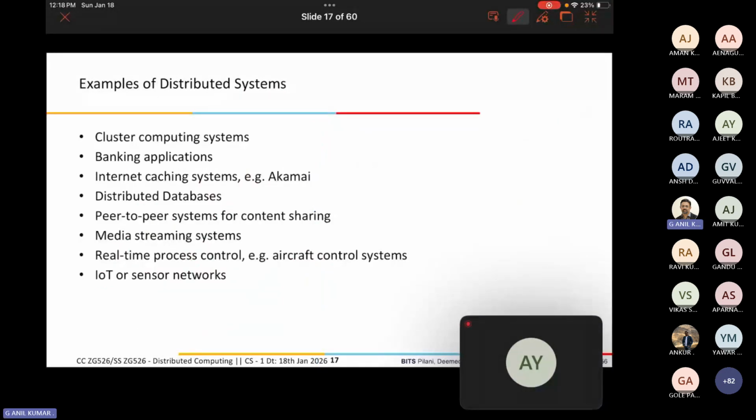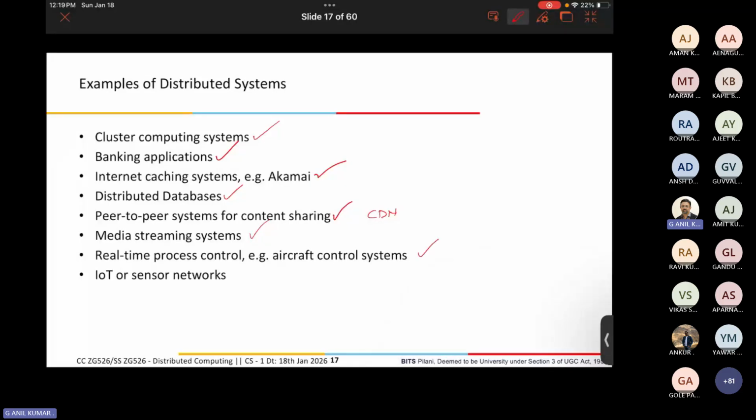So examples of distributed systems where we'll be using cluster computers, banking applications, internet caching services, distributed databases, peer-to-peer systems for content sharing, content delivery networks. CDNs come here. Media streaming systems, your OTTs, real-time processing like aircraft control systems, real-time operating systems are also part of this.